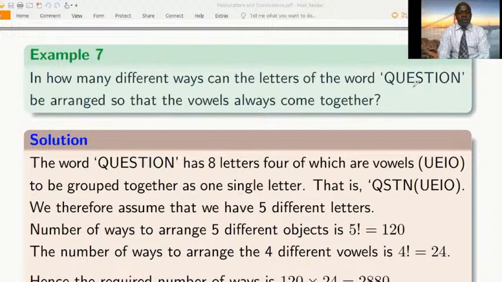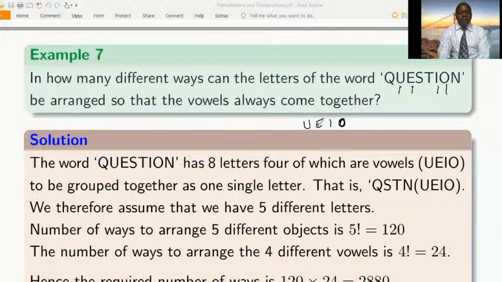Now, what are the vowels here? We have U, we have E, and then I and O. So those are the vowels. So we want them to always come together the way they are.